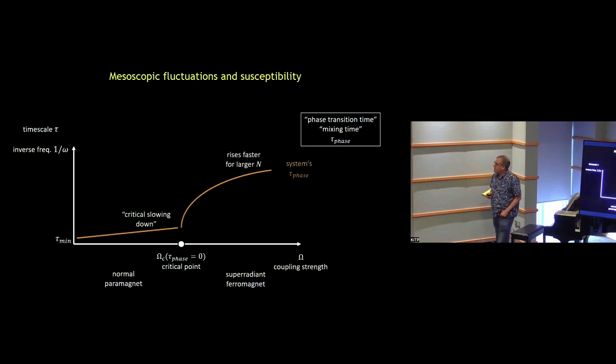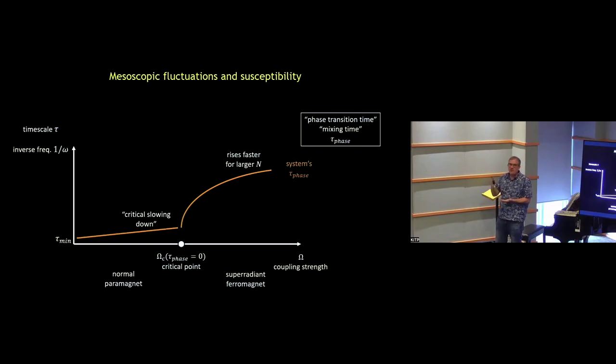Now, every system has some kind of time scale over which it becomes ergodic, over which it actually samples all of the possible states that it can reach. In the paramagnetic phase, that mixing time is small. In the ordered phase, the ferromagnetic phase, that mixing time grows, right? And how rapidly it grows as you move across the phase diagram depends on the size of the system.